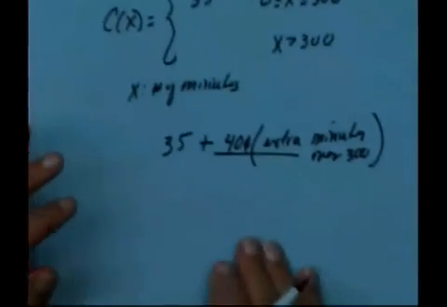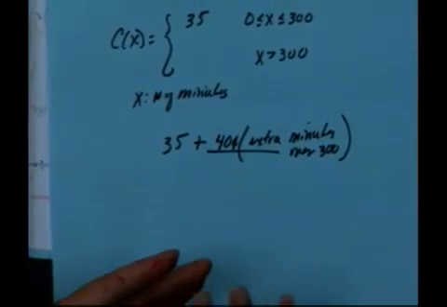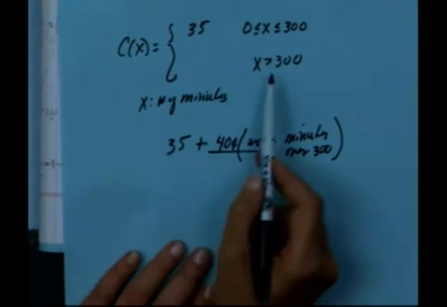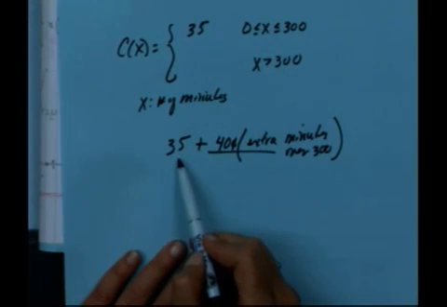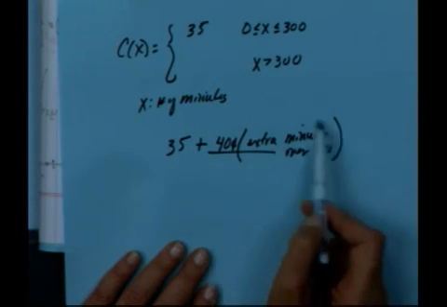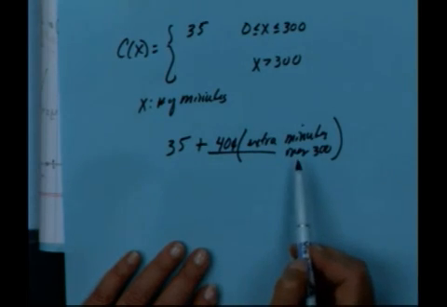Whenever I tackle a word problem, I like to put in some words to help me see how I'm going to come up with the equation. So if I'm over 300 minutes, I go ahead and pay my $35, and then it's 40 cents times all the additional minutes over 300.